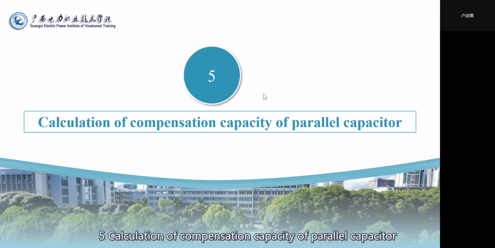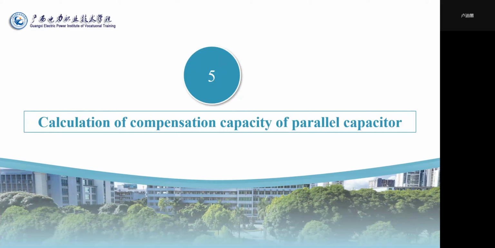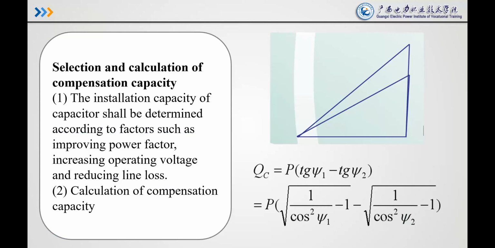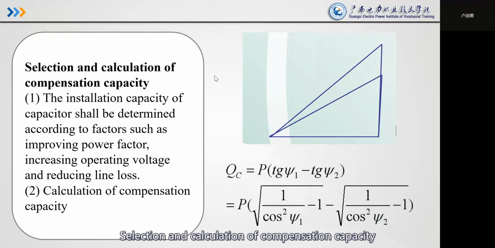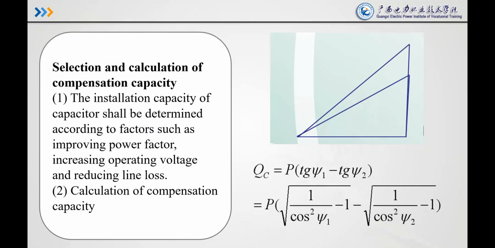Five, calculation of compensation capacity of parallel capacitor. Selection and calculation of the compensation capacitor. 1. The installation capacity of capacitor should be determined according to factors such as improving power factor, increasing operating voltage, and reducing line loss. 2.